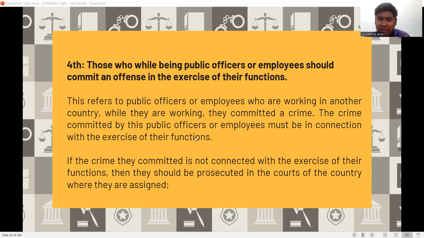So take note that the crime they must commit, in order to be held liable under Philippine laws, must be a crime committed in the exercise of their functions. Because if not in the exercise of their functions, then they should be prosecuted in the courts of the country where they are assigned.